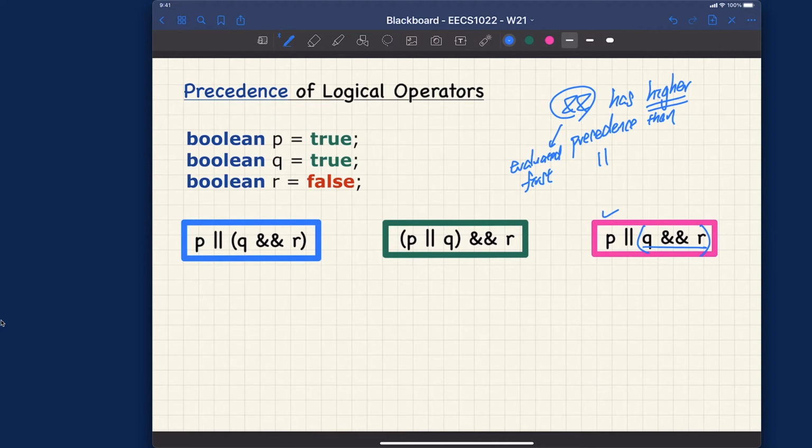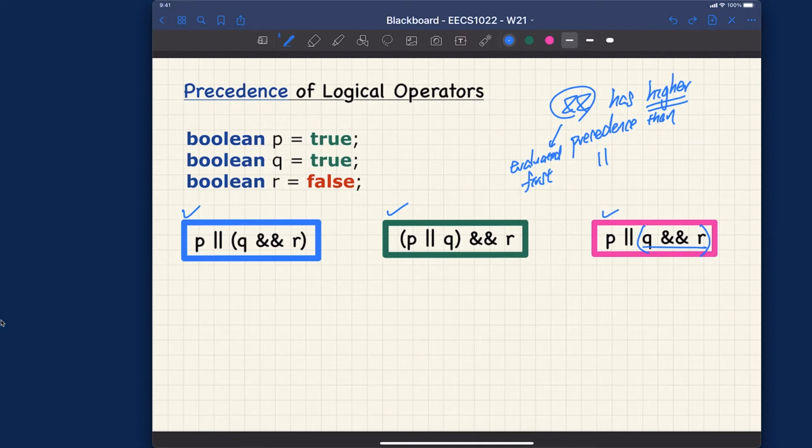For example, for the blue and the green, we have 3 variables, P, Q, R, and also 2 operators each. However, if we bracket the parentheses differently, the result might be different. Let's see exactly why. Precedence is a very simple topic. You just have to know the conjunction has a higher precedence than disjunction.